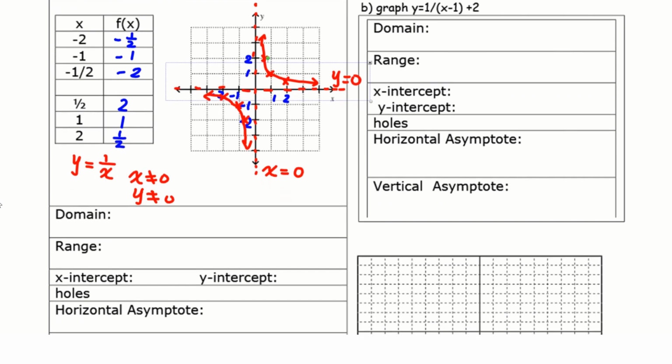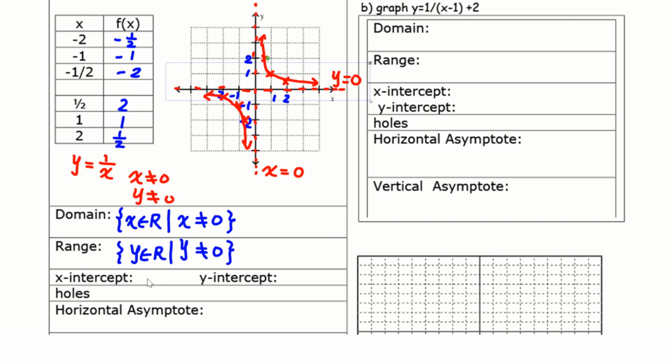So from here we could see that the domain is -infinity to +infinity except x equals 0. The set notation is x belongs to all real numbers such that x is not equal to 0. And the range is y belongs to all real numbers such that y is not equal to 0.